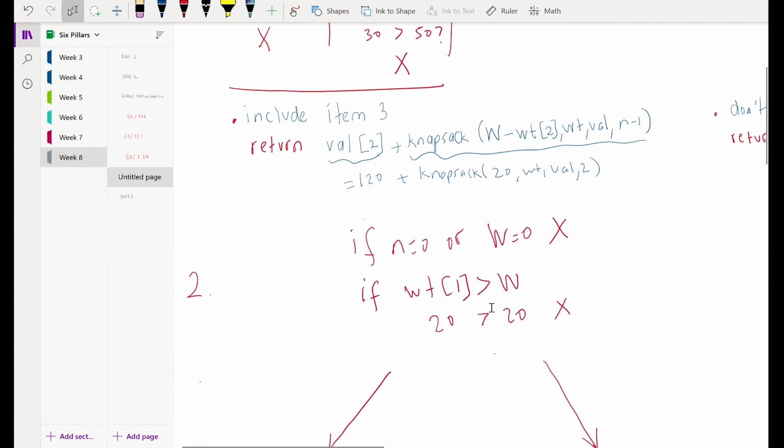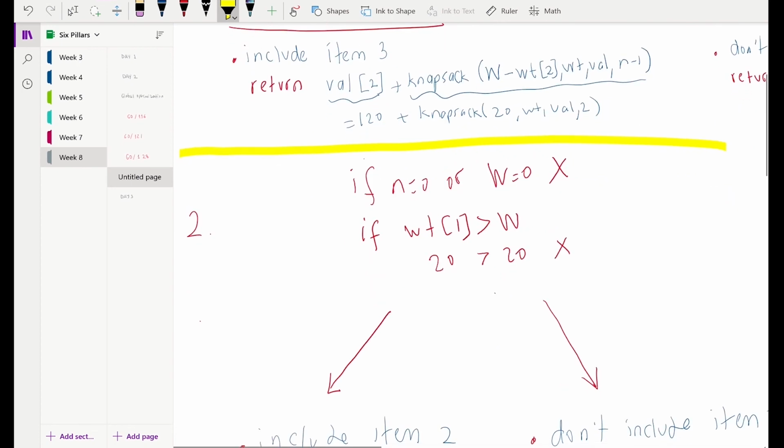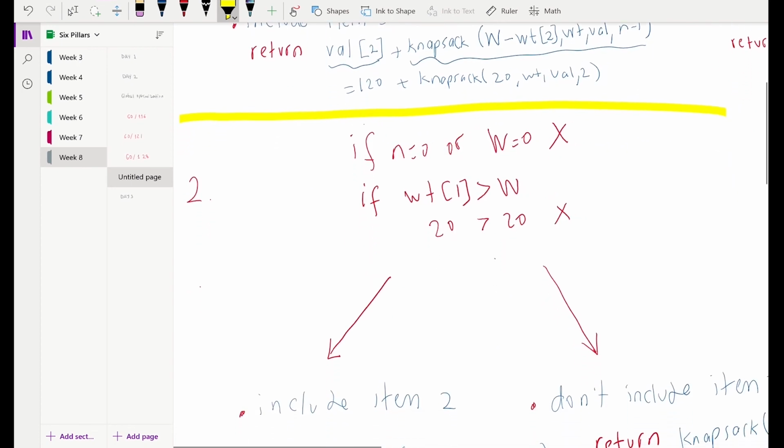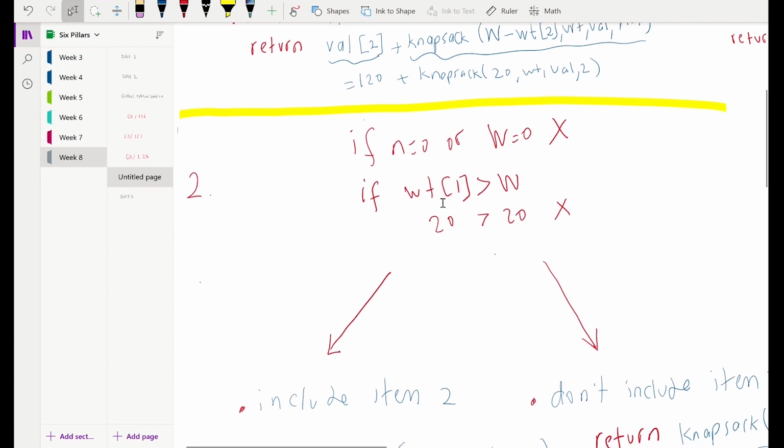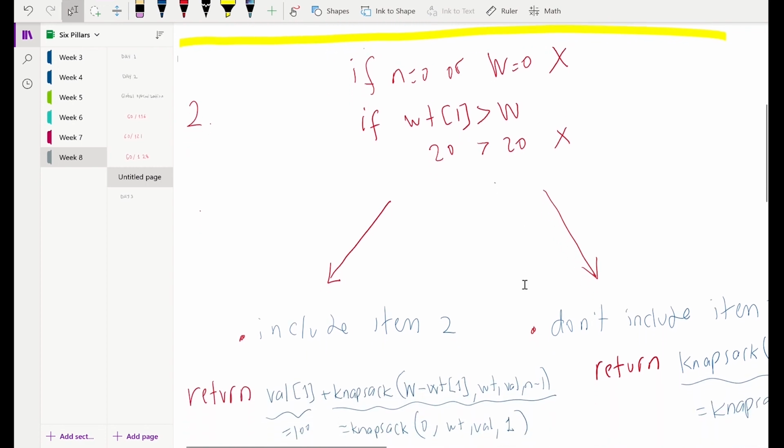And this is the point where we start from the beginning of the function again. We will check the if condition, if n is equal to 0 or the remaining capacity is 0, so none of them is true. We will check if the last item is larger than the remaining capacity. This is not true. So then we will continue.